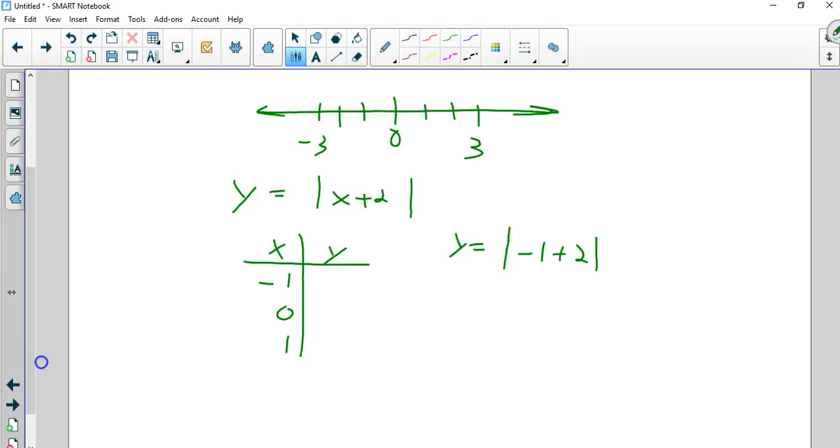And you say, well, what is that? Well, y equals 2 minus 1 is 1. And you ask how far away from 0 is 1? 1. And you do it with 0. Y equals the absolute value of 0 plus 2, which obviously is 2. How far away from 0 is 2? 2.